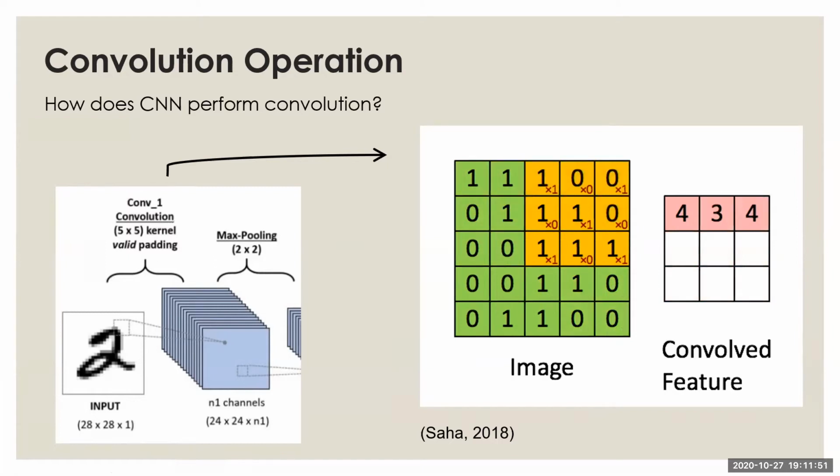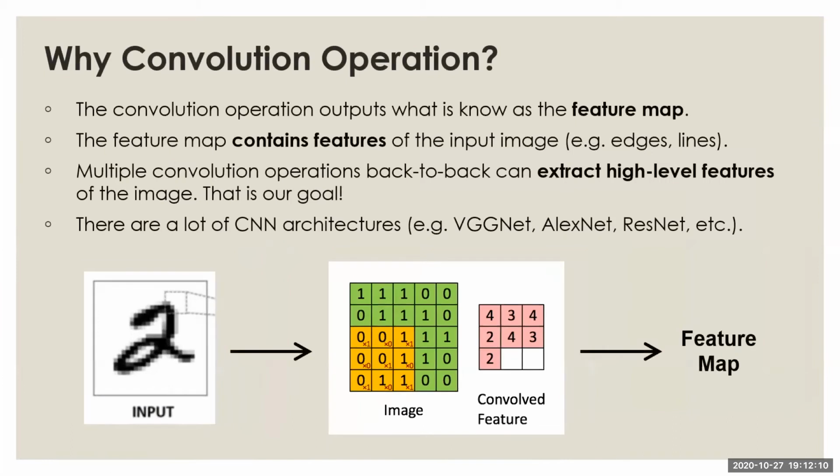And then you slide the kernel so that you cover the whole image, yeah, as you can see here. So then the output will be the convolved feature on the right here. And there's actually a special name to this. This is called the feature vector or the feature map. Okay, so that's the convolution operation in a nutshell. As I said, we're not going to dive deep into it, but that's the basics of it.